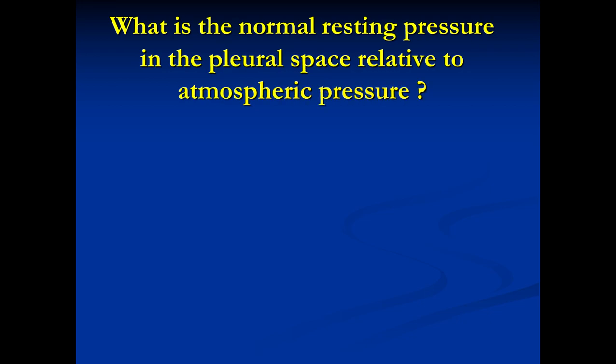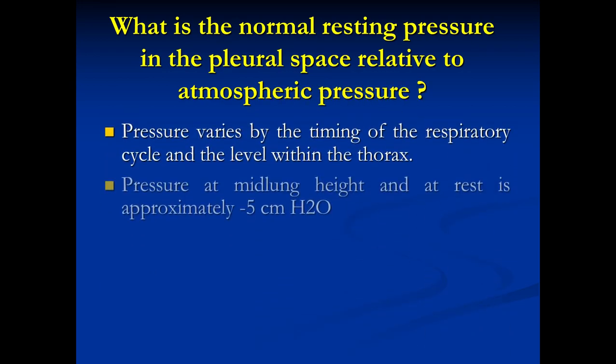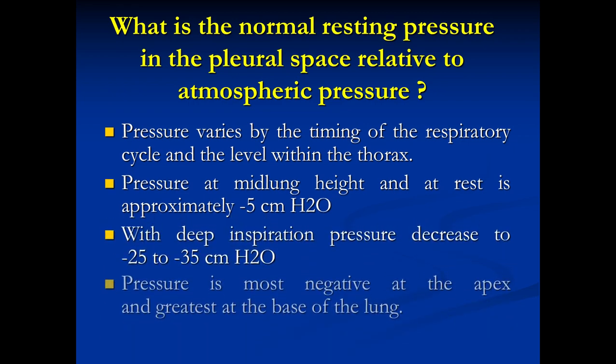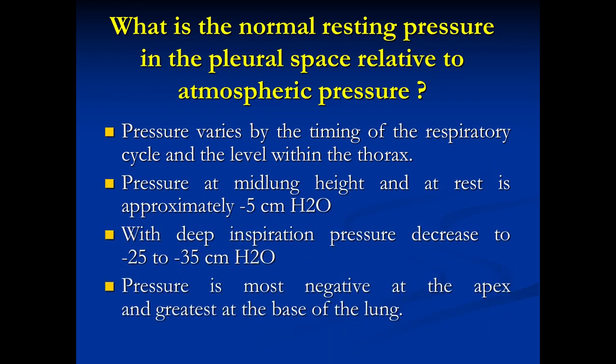What's the normal resting pressure in the pleural space relative to atmospheric pressure? Pressure varies by the timing of the respiratory cycle and the level within the thorax. So, when we measure the pressure in the pleural space, we measure it at the mid-lung height, and at rest it is approximately -5 centimeter water.